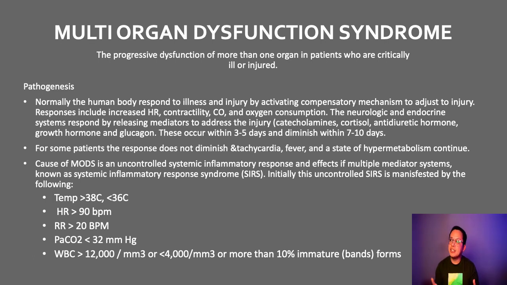Catecholamines, cortisol, antidiuretic hormone, growth hormone, and glucagon will be produced to help with the imbalance experienced by the patient. Normally this occurs within 3 to 5 days after the injury or insult, and diminishes within 7 to 10 days.